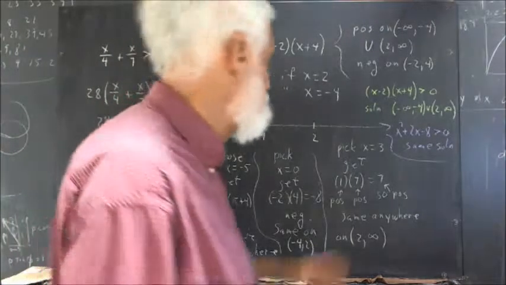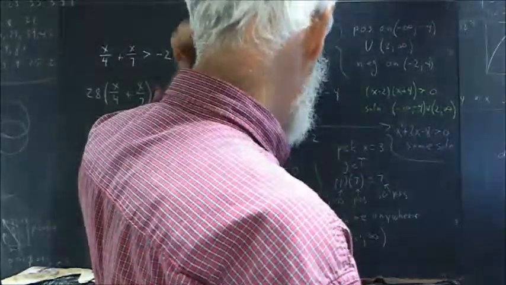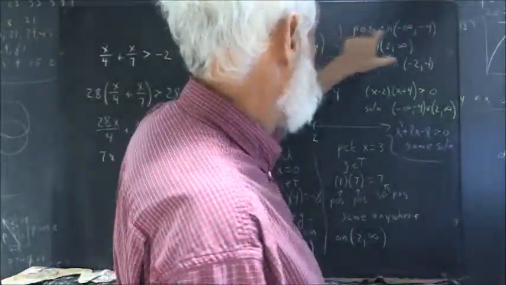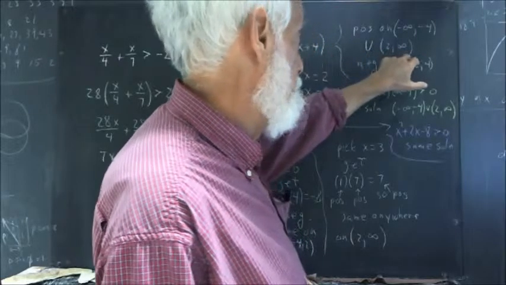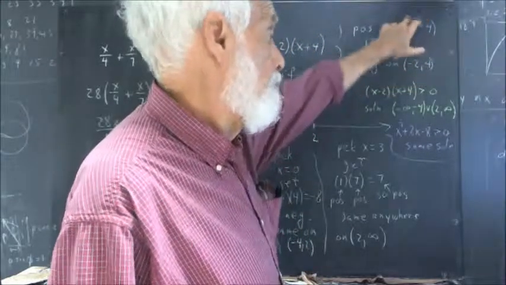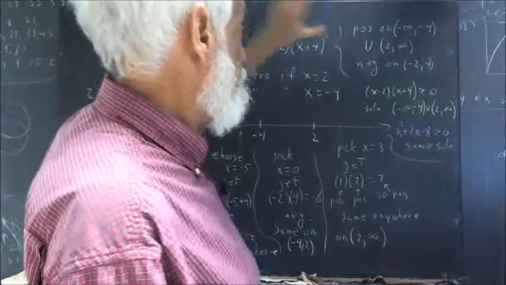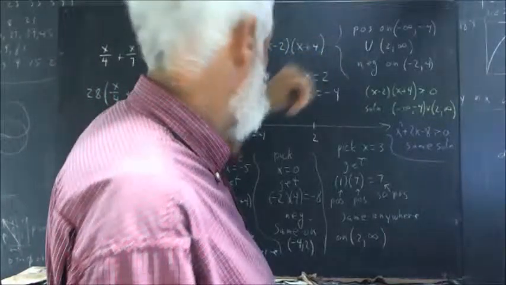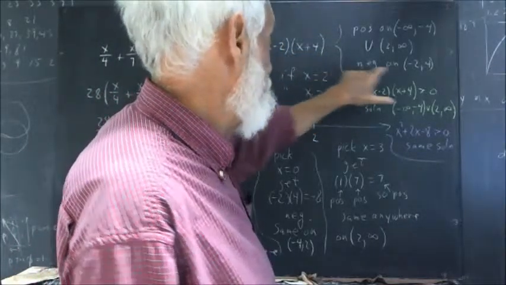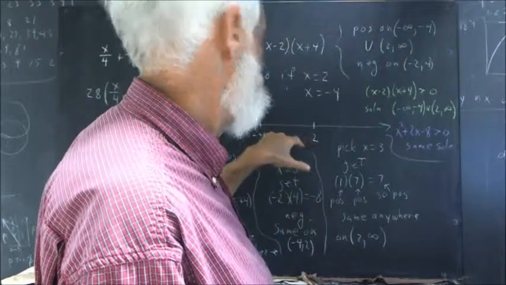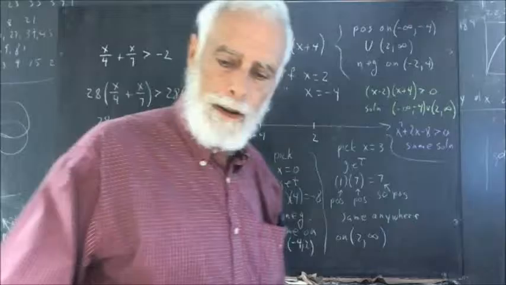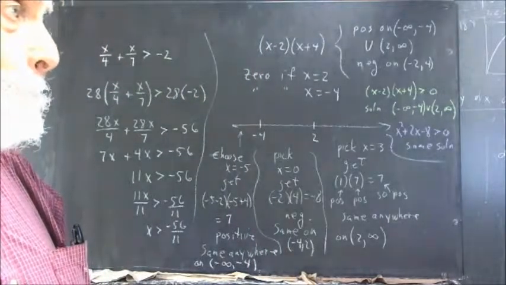So we can say that this expression is positive on negative infinity to negative 4, union 2 to infinity. The union of these two intervals gives you all the points at which this expression is positive. It's negative on negative 4 to 2. I wrote that wrong before, so let me fix that.